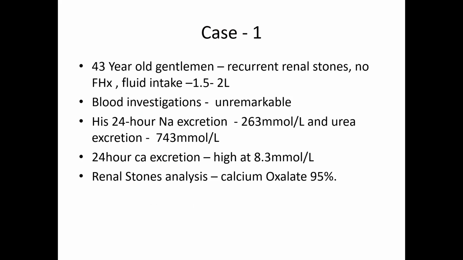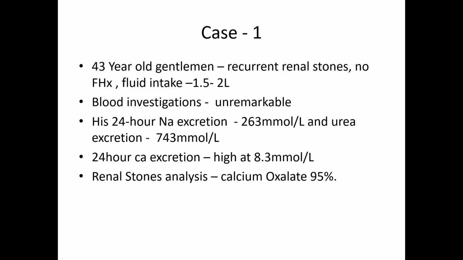My first patient is a 43-year-old gentleman who was referred due to recurrent renal stones, and there was no family history, and his fluid intake was roughly 1.5 to 2 liters. There were no other significant identifiable risk factors, and blood investigations were all largely unremarkable.